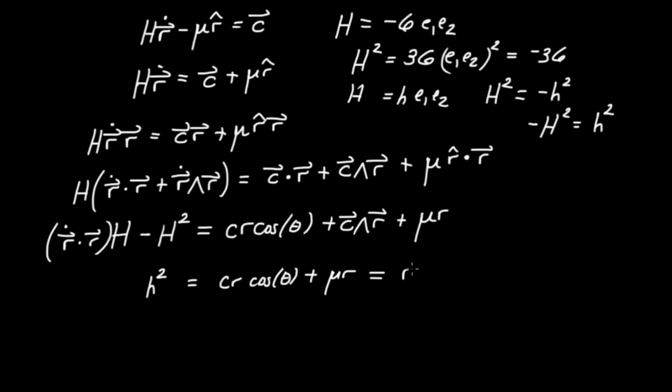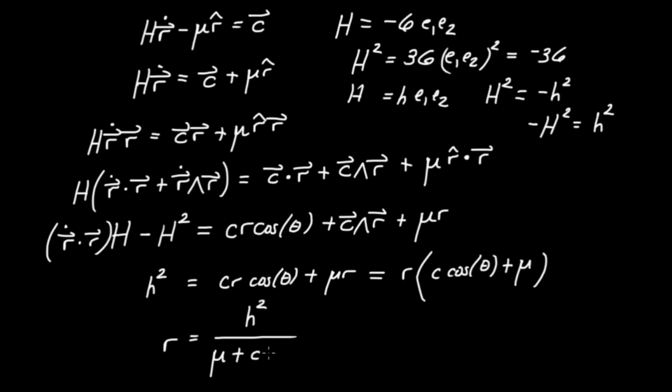To do that, I'm going to factor out the r. So I have r times the quantity C cosine theta plus mu. To solve for r, all I need to do is divide by this factor. So r is equal to h squared in the numerator divided by mu plus C cosine theta. And my last little trick is to divide both numerator and denominator by mu, because I want a 1 down there, as you'll shortly see why.